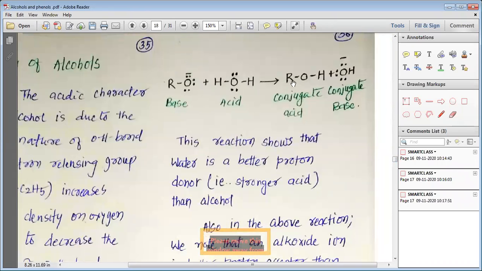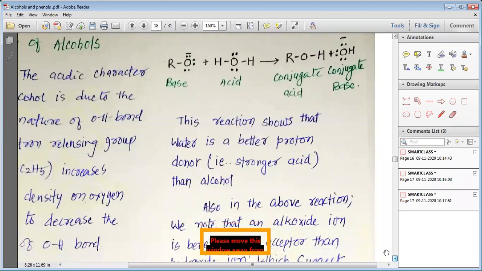It gives us the conjugate acid ROH and conjugate base OH minus. This reaction shows that water is a better proton donor, that is, a stronger acid than the alcohol.